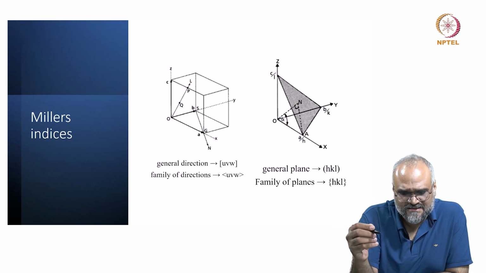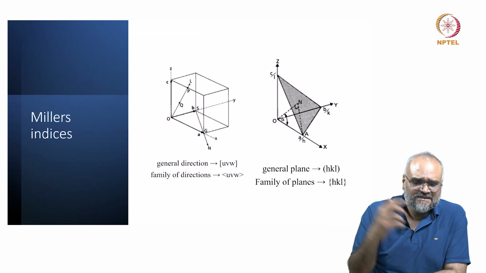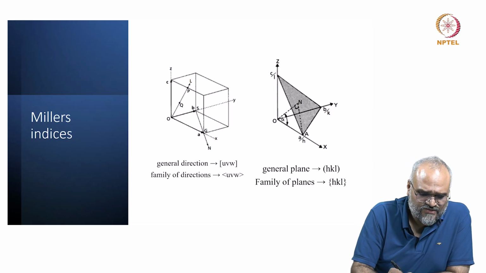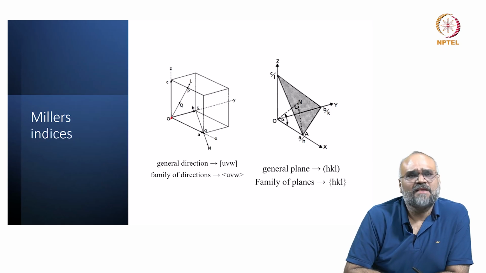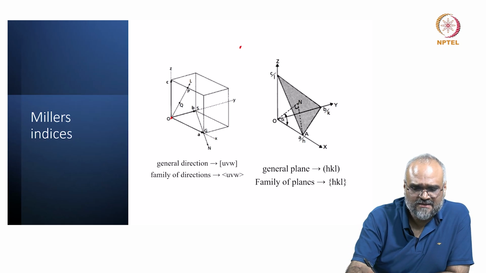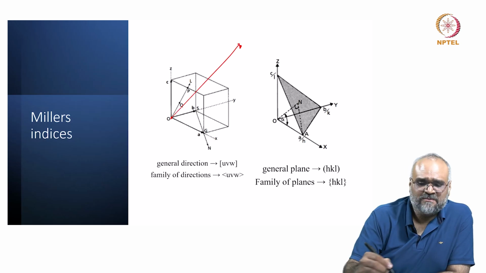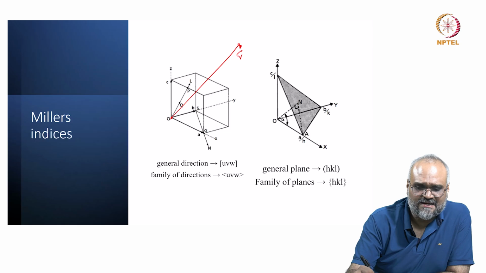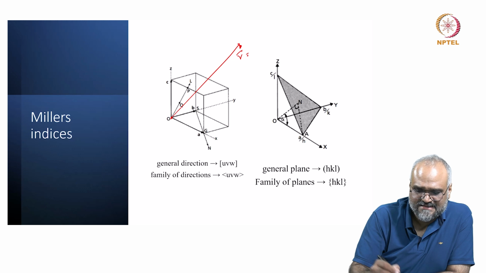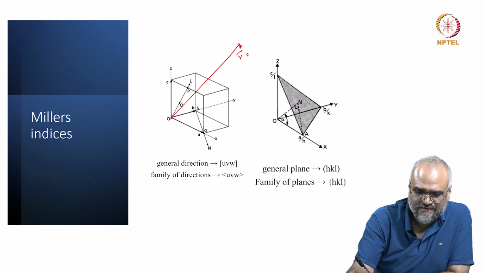So, if I think about Miller's index, if I see how my crystal structures are, and if I think of a crystalline lattice which is in 3 dimensions, I have to first choose an origin, and any point within this is given by a positional vector, say r bar, which in this case, in the example shown here, is given as u v w.